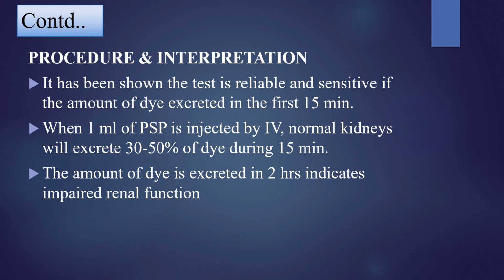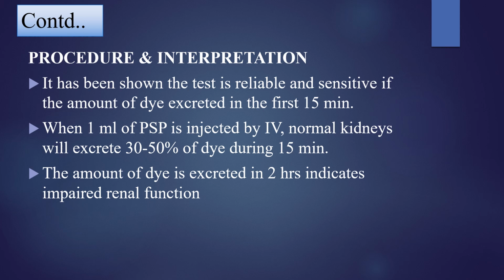When 1 ml of PSP, phenol sulfathalin dye, is injected by IV, the normal kidneys will excrete 30 to 50% of the dye during 15 minutes. So nearly 50% of the PSP dye is excreted within 15 minutes. That represents the normal tubular function of the kidneys.